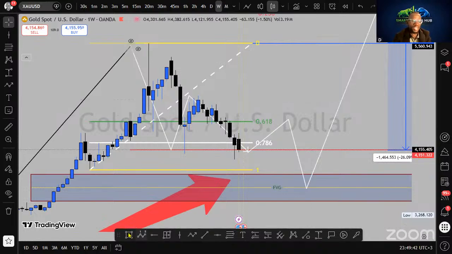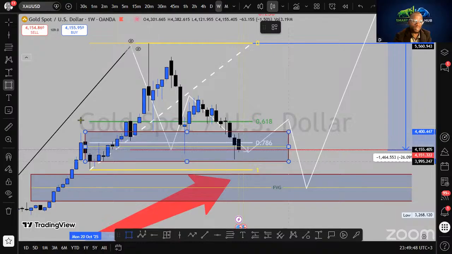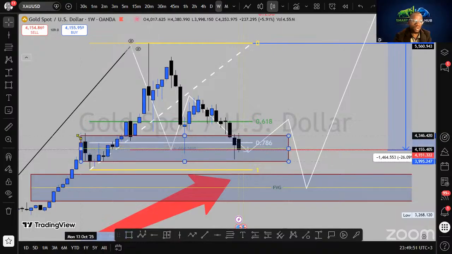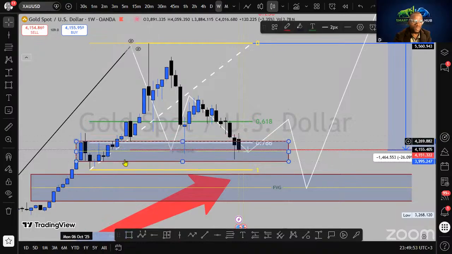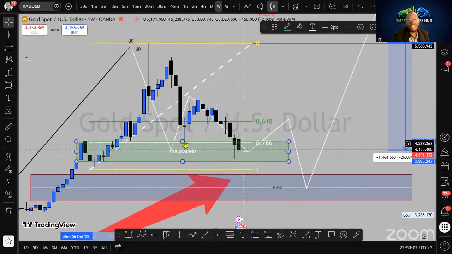Right now, we are in a very strong demand area. We already touched the back wall. This is a demand area on the weekly time frame. A demand area is basically where buyers are staying.